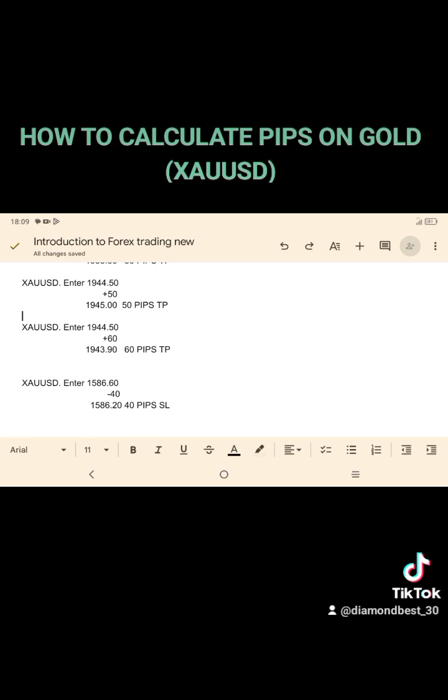We borrow 1 from our 4, making it 9, making it 15. 15 plus 6 is giving us what? 9. We write down our 9. Remember, we borrowed 1 from our previous 4. That means our number is remaining 3. So you bring down your 3, bring down your 4, bring down your 9, bring down your 1. That gives us our TP as 1943.90. That is our 60 pips take profit.